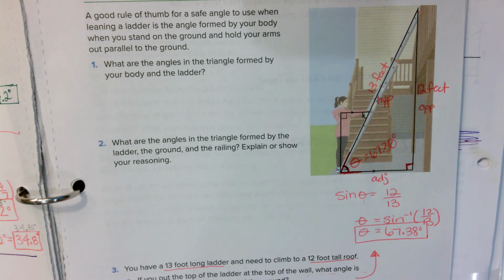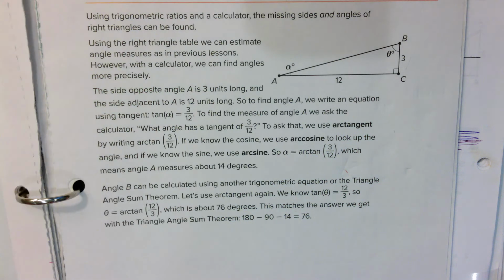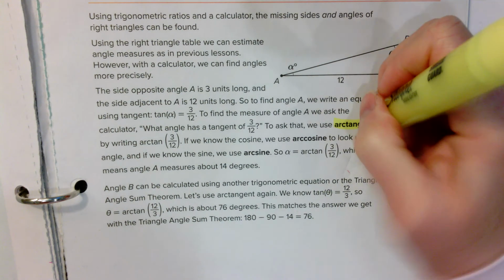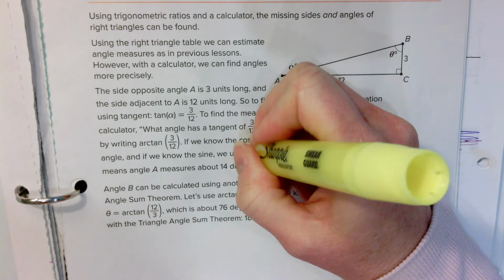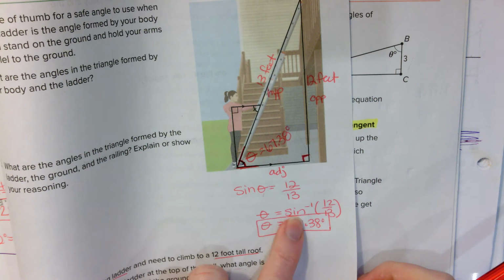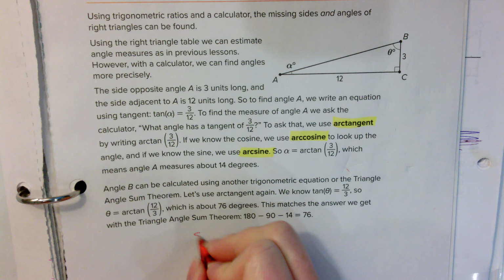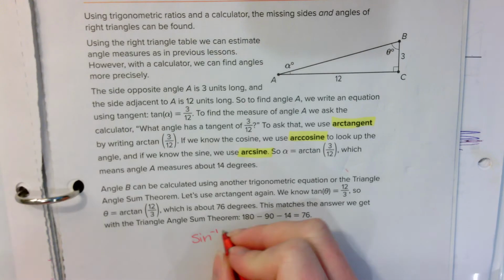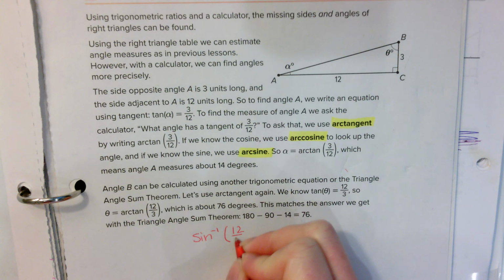So let's take a look at the summary for just a moment. I want to talk about vocabulary. In this summary, they start talking about arc tangent, arc cosine, and arc sine. This is another term for the inverse. So for example, in this last problem, you did inverse sine of 12 over 13. So you did sine inverse or inverse sine, order doesn't matter there, of 12 over 13.